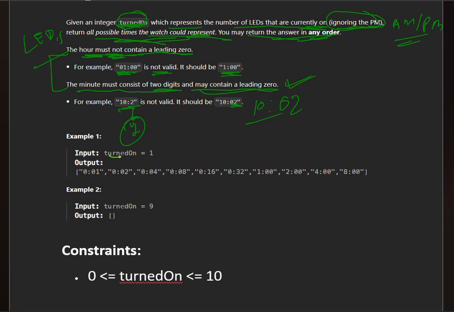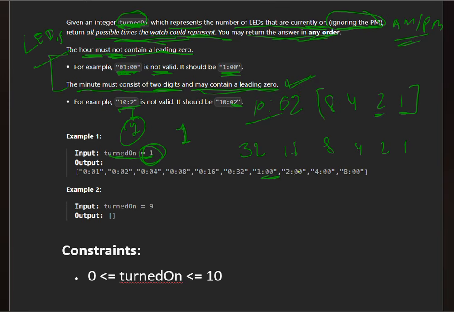If you look at example 1, here we are given turnedOn equal to 1, that is the number of bits that we can turn on is 1. Hours were 1, 2, 4, 8, minutes were 1, 2, 4, 8, 16, 32. So each time we can turn on one bit. If we turn on this bit, then our time is 1.